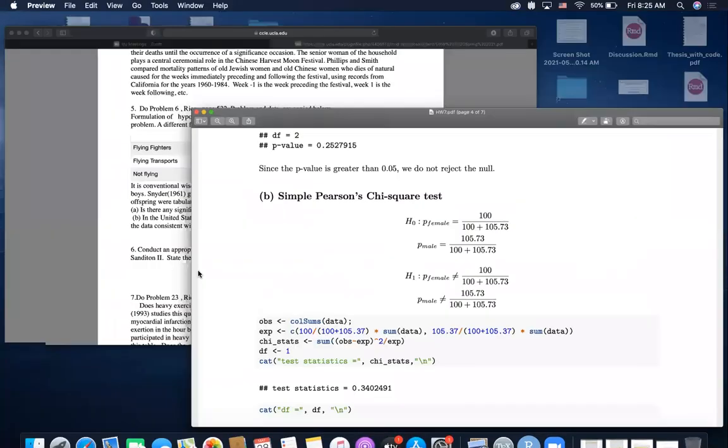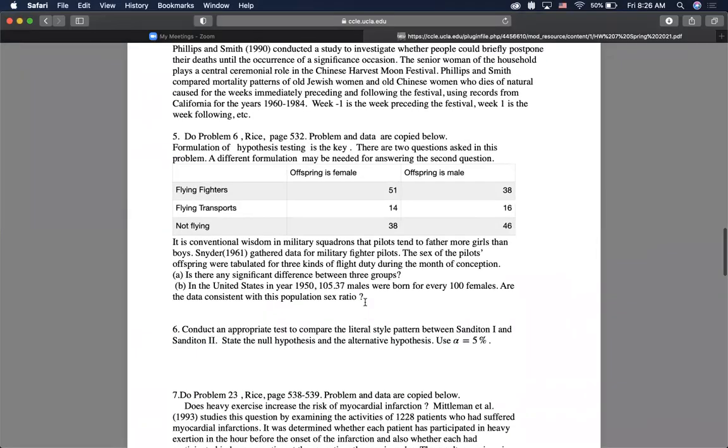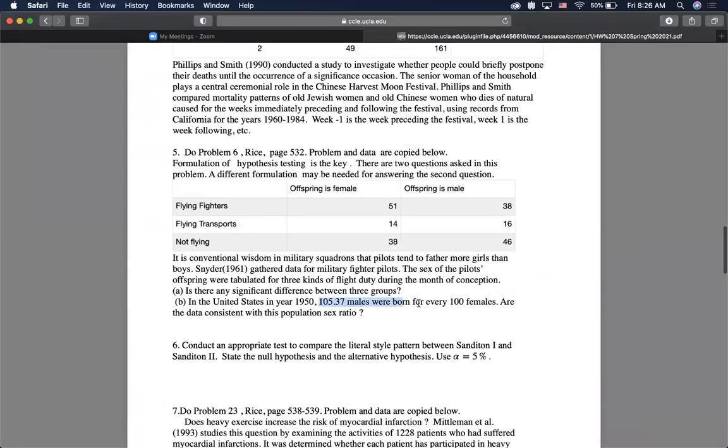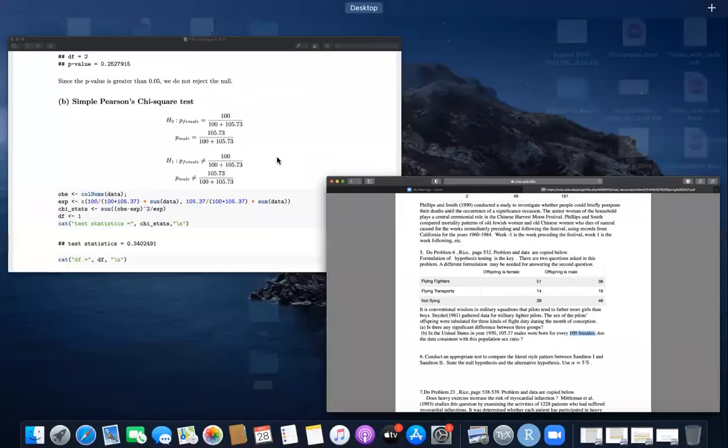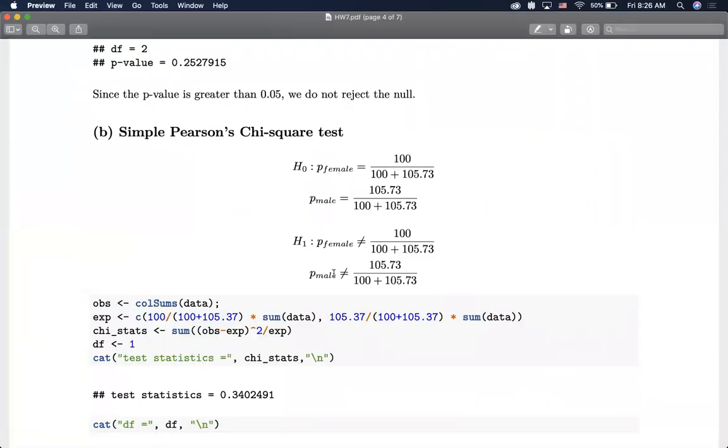For part B, we have a ratio. So 105 male for each 100 female. So basically, we are just doing a simple Pearson chi-square test. So the null hypothesis will be the probability of female is 100 over the sum, because this is given by a ratio.